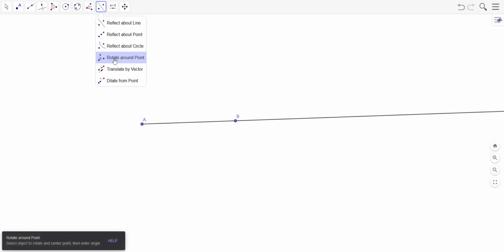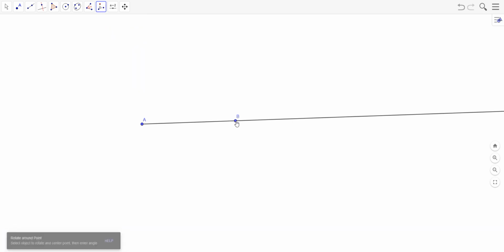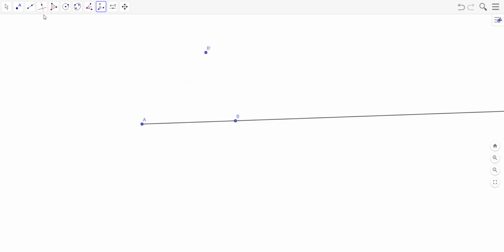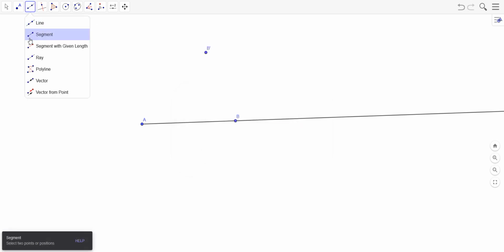Let's also look at a couple other things real fast. Another way to get the same thing is this way. Take a ray here and use the rotate tool. Rotate about a point. We want to rotate B about this point through an angle, counterclockwise or clockwise, say 45 degrees counterclockwise, gives us that, and then give us the ray here.